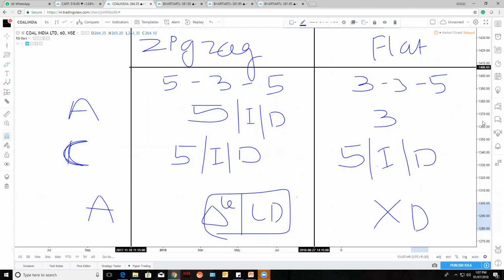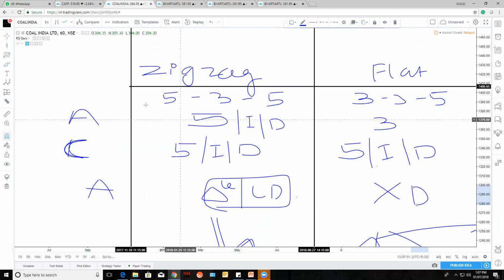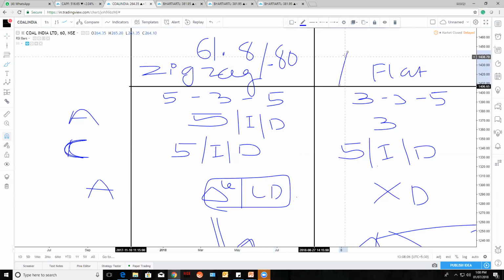Getting my point? If you go with the retracement level, here it's less than 61.8% to 80%. There it should be more than 80%. Getting my point?